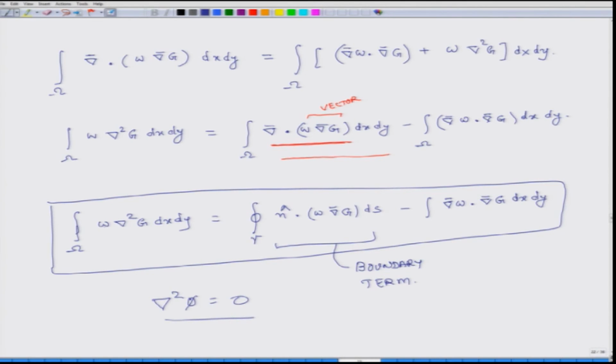If you multiply that by the residual w and do this whole process, on the right side you have the gradient operator being applied on w and on g, and again you have a balanced system. The differentiability requirements become balanced. Here it is a second order differentiability requirement, here it is a first order requirement, and if it is a fourth order equation, you can iterate again and get similar equations, and each time you get a boundary term.